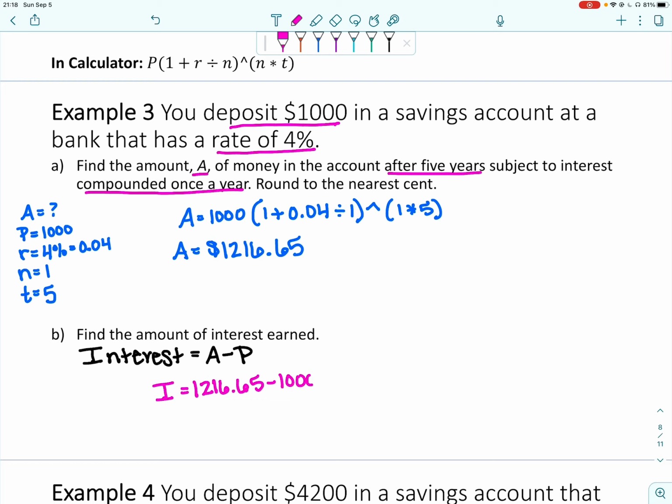My principal was 1,000. Whatever that difference is, that's how much money I earned in interest. Because I put the money in there and then I didn't touch it. That's the assumption that we're going to make with all of these. So we earned, I earned, you earned, somebody earned $216.65 in interest on this account over 5 years.